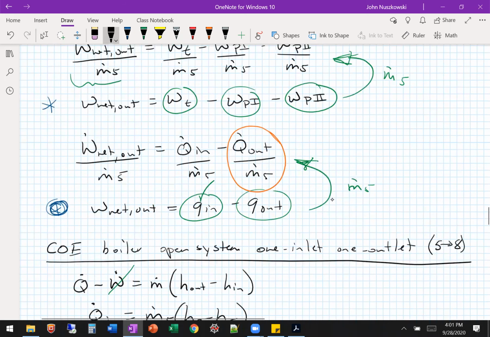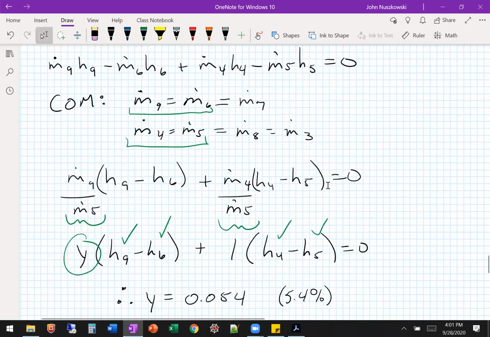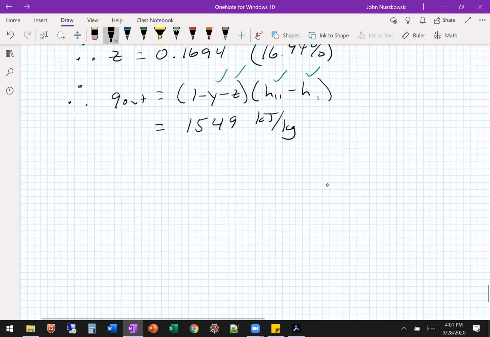Now we have Q out, so we can get work net out per mass flow rate 5. We get 1278 kilojoules per kilogram.